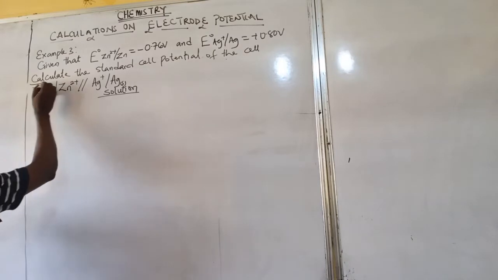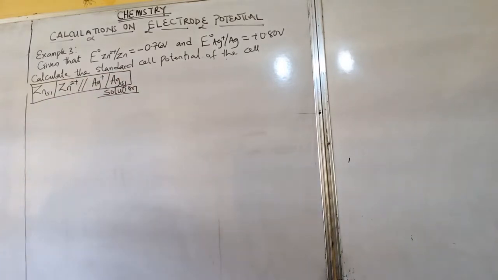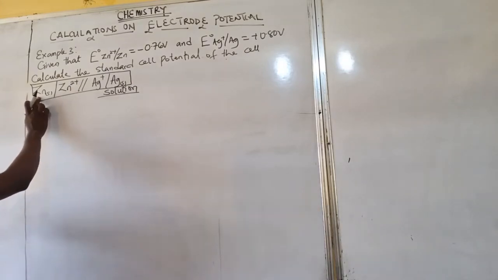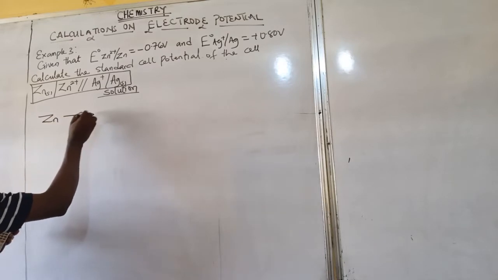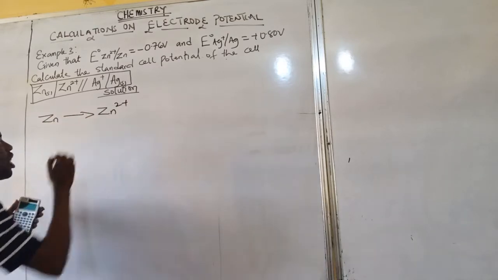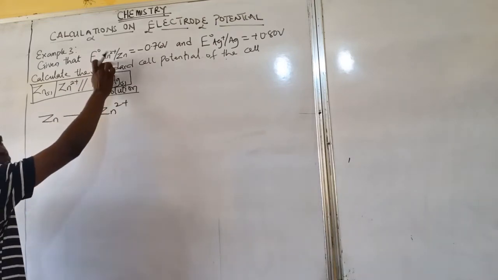Since you are giving your cell notation, just work on it. That's all you need. And you already know that zinc to zinc ion is what now? Oxidation.